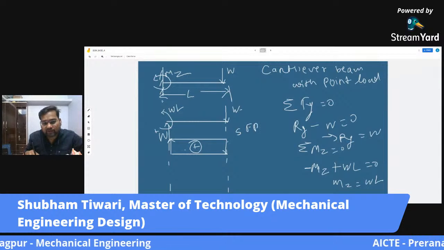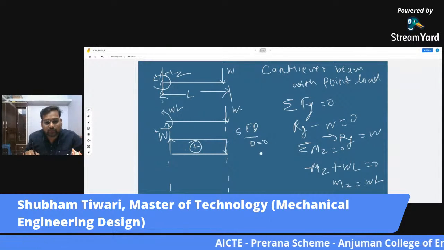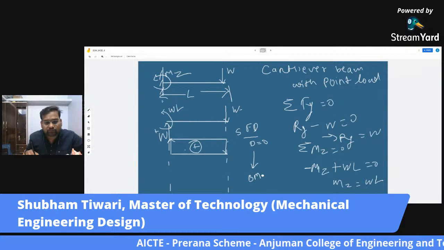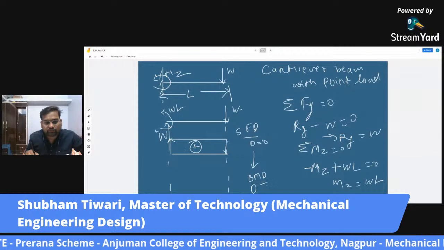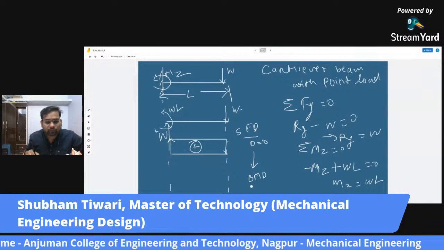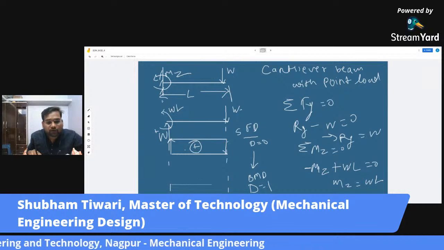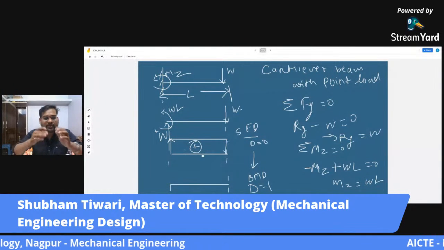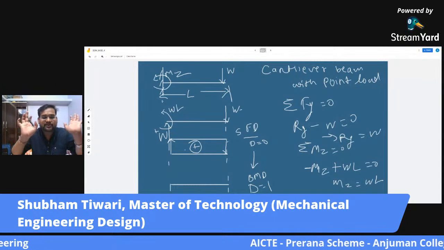Now the SFD is a horizontal line, you can see, with degree equal to 0. Now the BMD will have a degree greater than that, so the degree will be 1. I also told you if the beam is sagging, then positive, and if the beam is hogging, then it is negative.